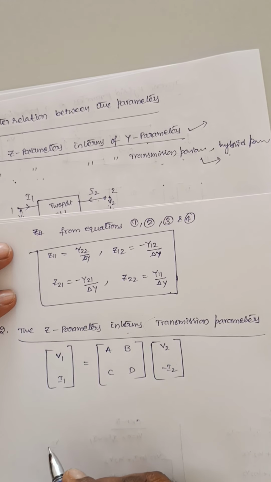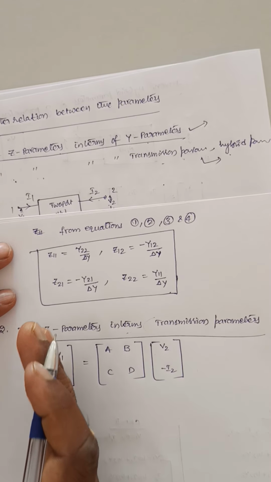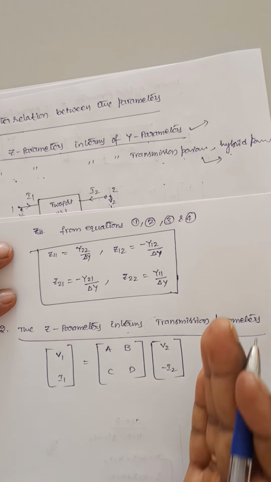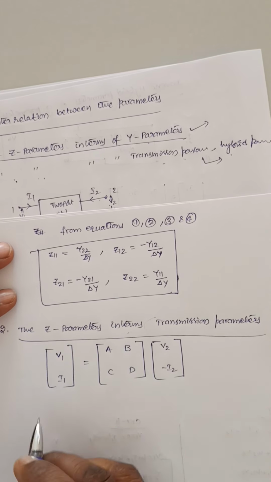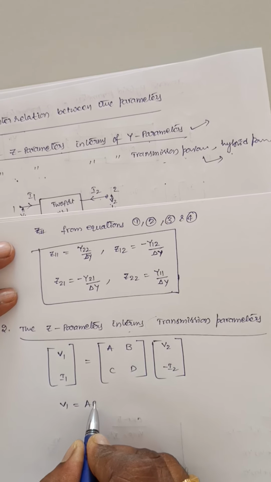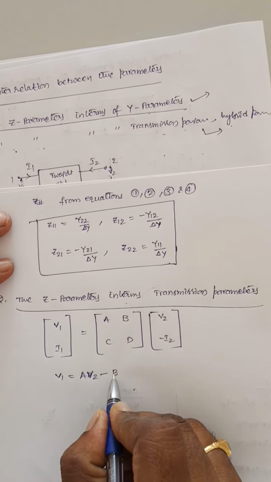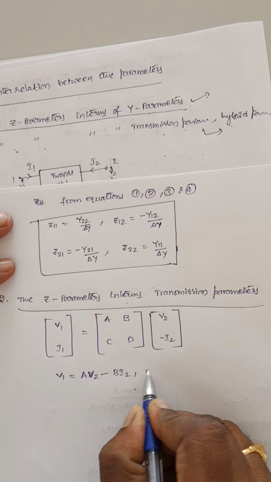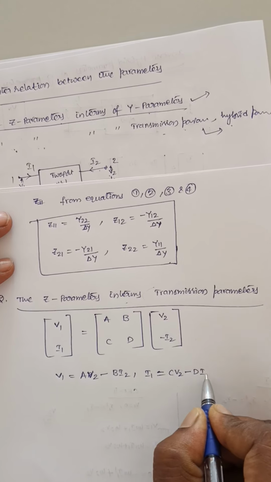So this is the matrix which will give us the relation between the input side voltages and currents with the output side voltages and currents in terms of ABCD parameters or transmission line parameters. So V1 is equal to A V2 minus B I2. Next, I1 is equal to C V2 minus D I2.